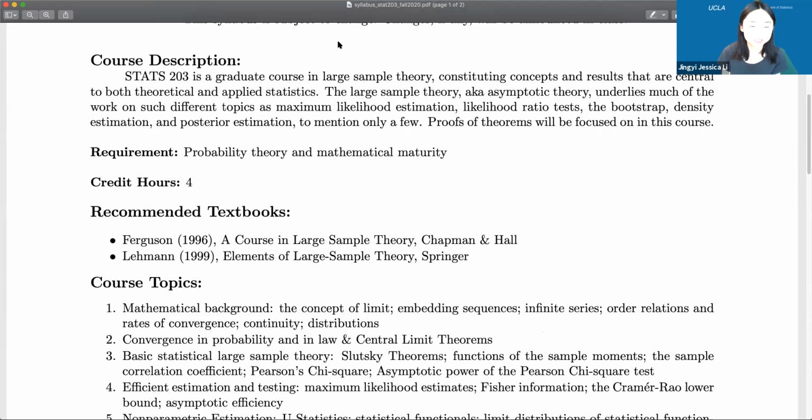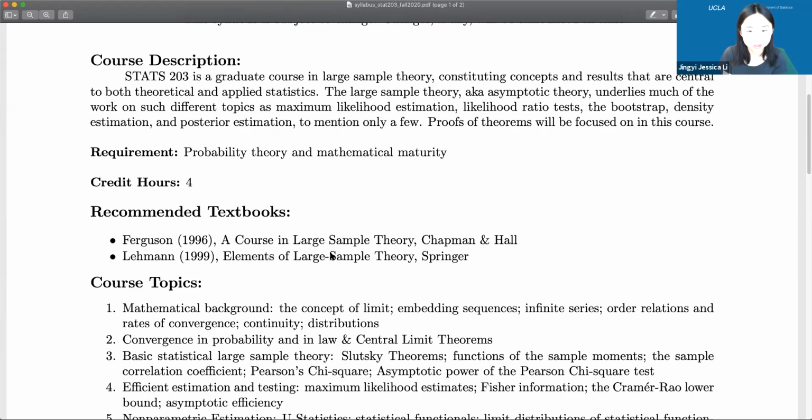In the old days when we still had access to our lunch, you could see his picture posted there. Ferguson was a very great statistician who made a lot of contributions to theoretical statistics. And Erich Lehmann was a professor at UC Berkeley, but he passed away a few years ago.